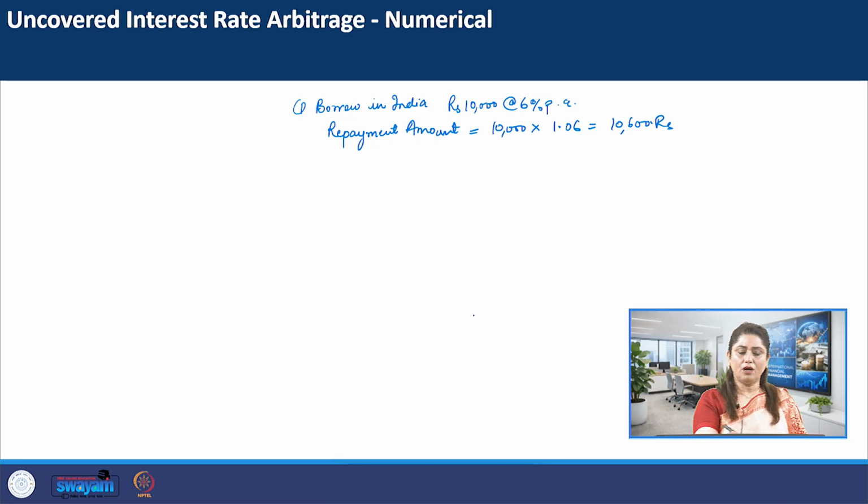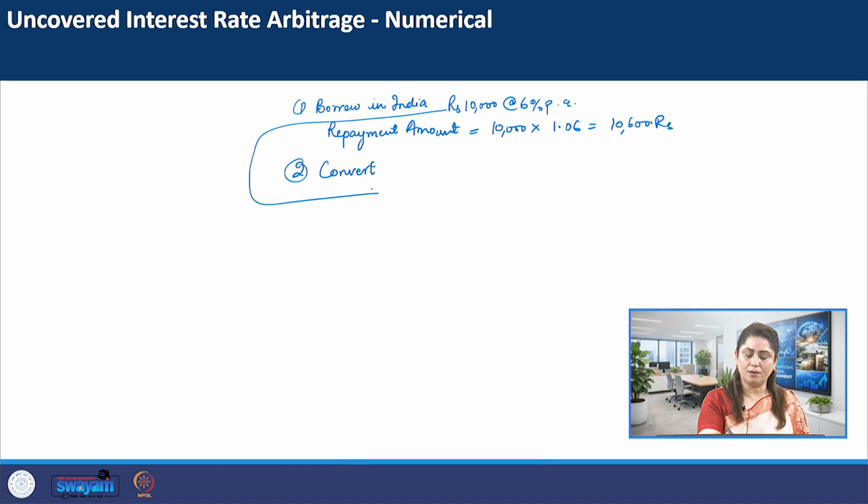Now, the repayment will happen at the time of maturity, that is after 1 year. So at the 0th period, when we borrowed this amount 10,000, we will invest in USA.